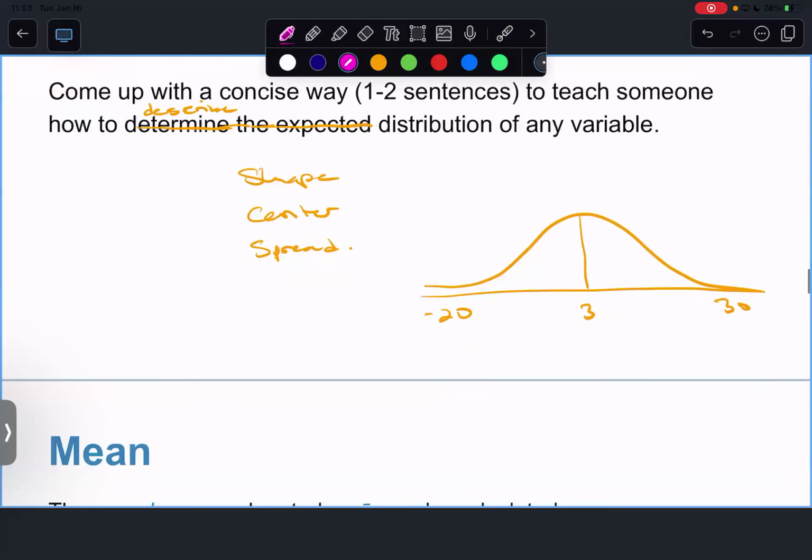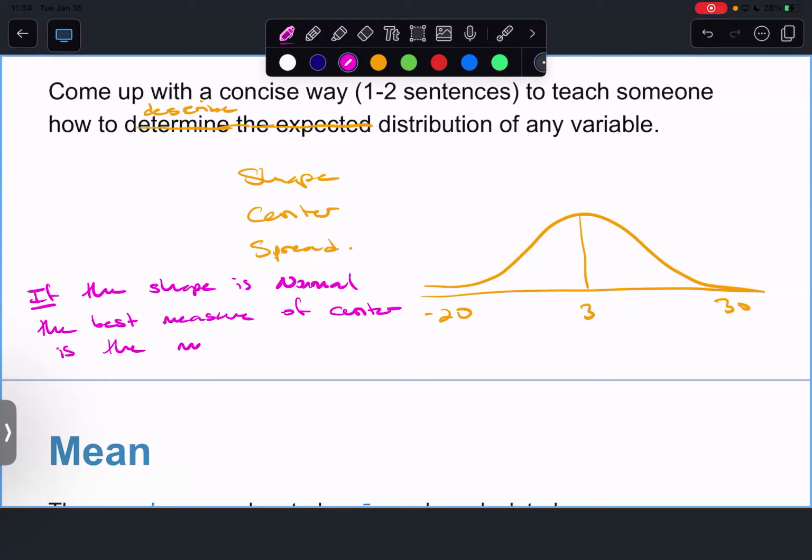So what I'm going to add here is if the shape is normal, the appropriate measure of center, let's start with center. The best measure of center is the mean, which is the average.